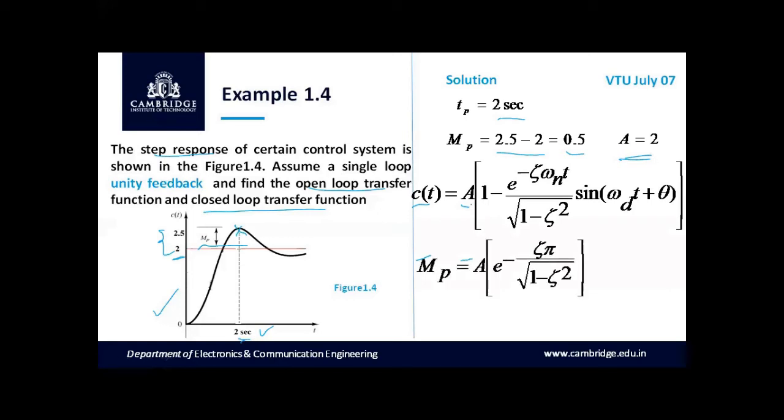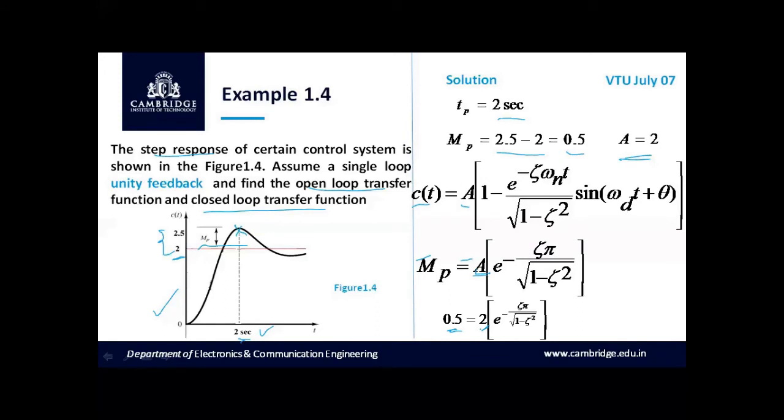So the maximum peak overshoot MP will be given by A into e to the power of minus zeta pi divided by square root of 1 minus zeta square. Even the maximum peak overshoot is multiplied by the magnitude A. So now from the given data, we have obtained MP is equal to 0.5 and A is 2.